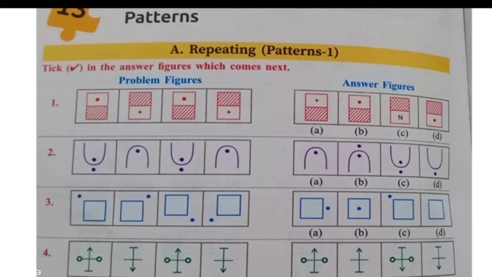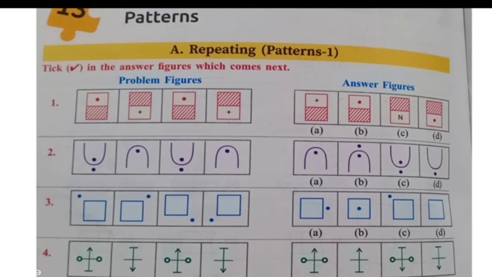I hope all my dear students are getting whatever I am teaching you right now. See, third question, dot at the left hand side and square at the right hand side.